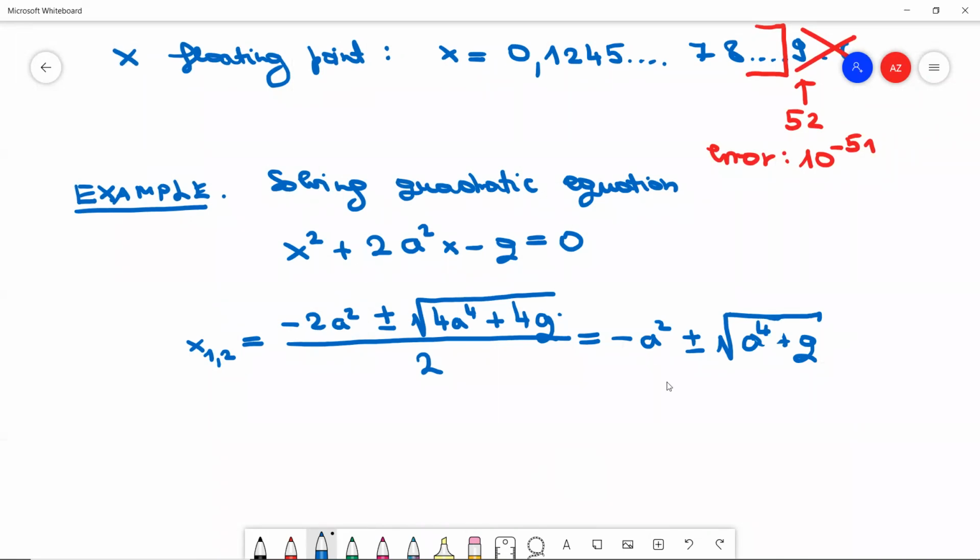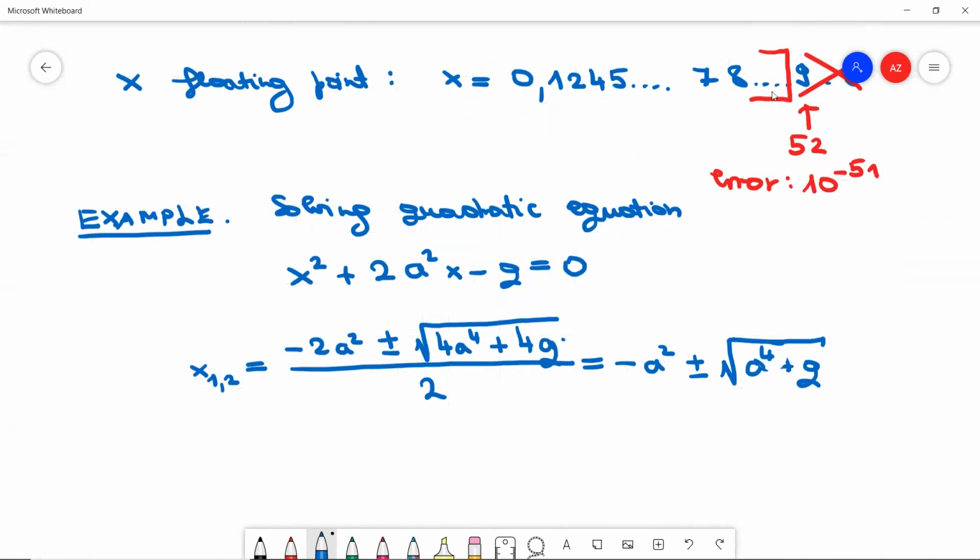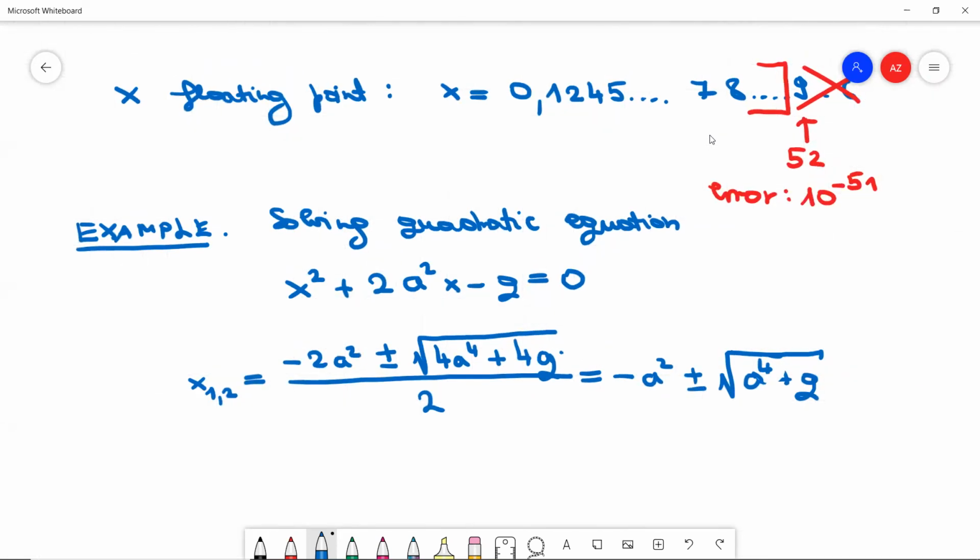If we try to calculate both solutions with this formula, then one of them turns out to be non-stable. As I mentioned, when we do calculations numerically, we just forget about decimal places from somewhere on.